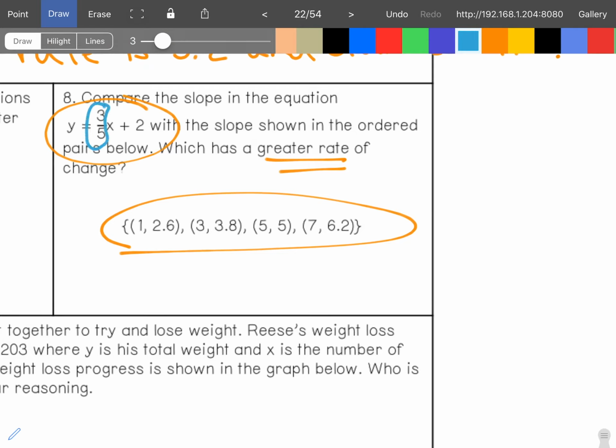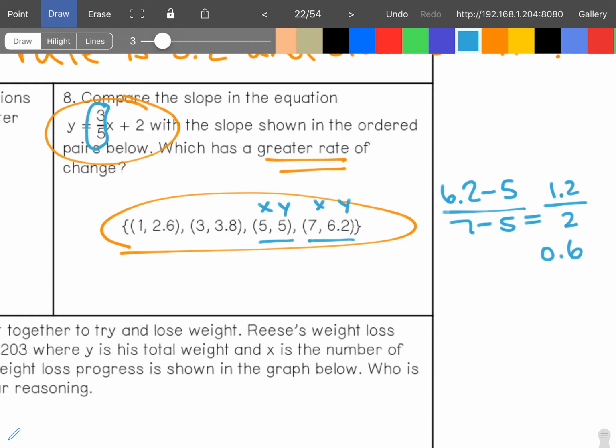Okay, so we know our rate is 3/5. The rate for the ordered pairs, we need to pick a couple. I'm just going to pick these last two. So subtract my y's, so 6.2 minus 5, divided by 7 minus 5 is going to give me 1.2 divided by 2, which is, if you divide it out, 0.6.